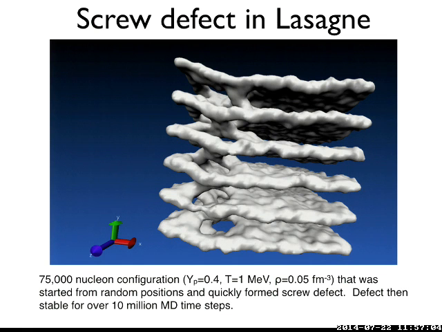But the system is frozen into this configuration. There's a single screw defect. So you have little spaghetti-like pieces which wind around and connect to the lasagna. This configuration formed in about 1 million fm/c, and then it's very stable. It just stays like that for at least 30 million fm/c.